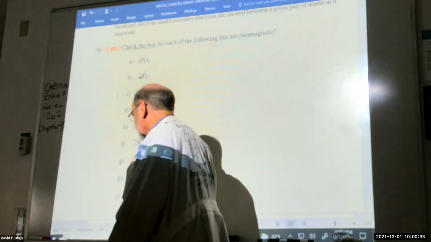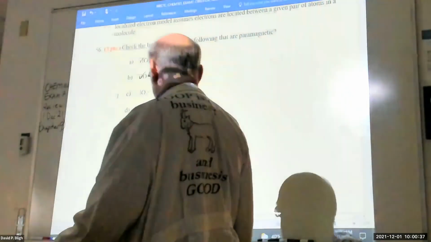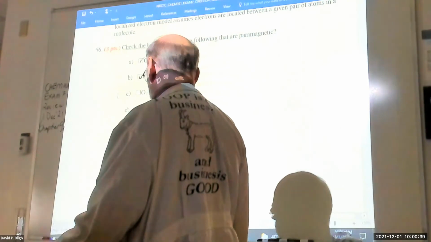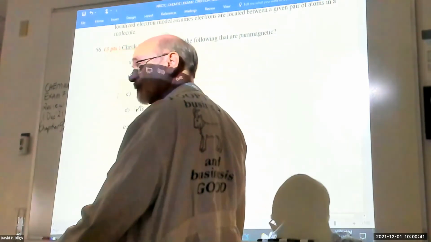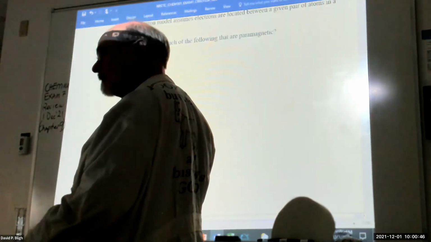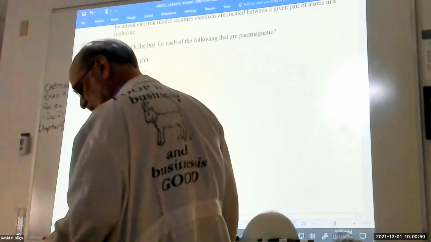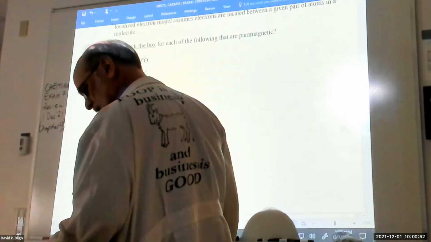Now we get to the oddball, the CN minus. What we have to decide is, does this have mixing or no mixing? Carbon and nitrogen are both from a region where you have sp mixing, so that's an easy call. You would have carbon and nitrogen in that same order.